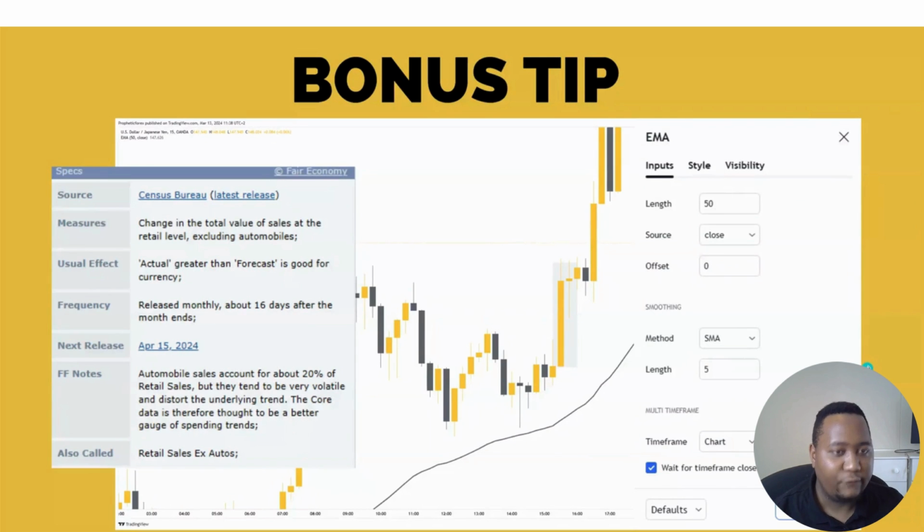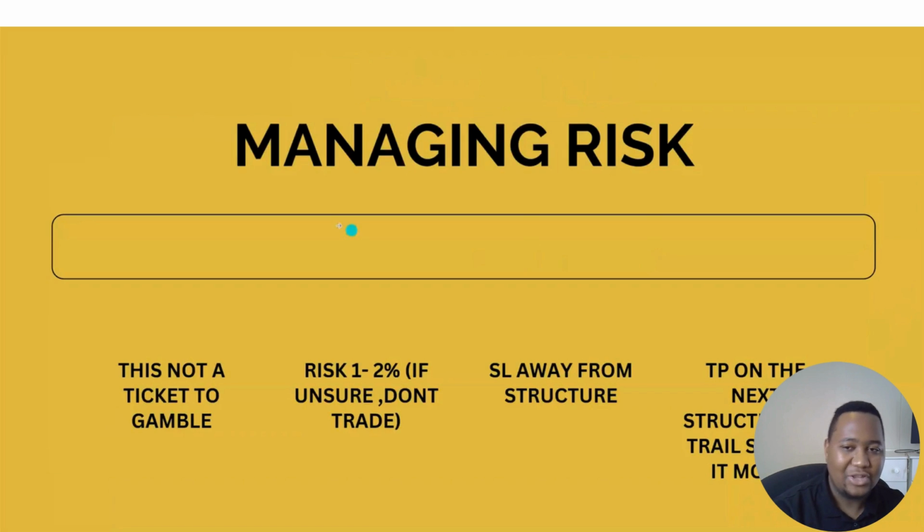I guess this video is straight to the point, but again, I've got to advise you on risk management, because people always think news trading is a ticket to gambling. It's rather not. It's just any other style like scalping. In fact, it falls under scalping. You've got to use stop losses, take profits, manage your risk. You don't just go full margin like most African traders do, or most traders who are newbies.